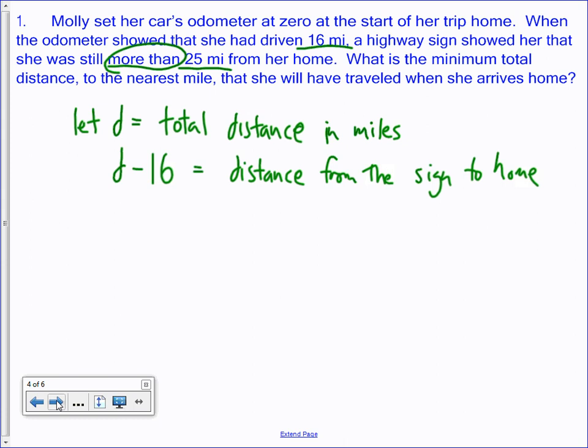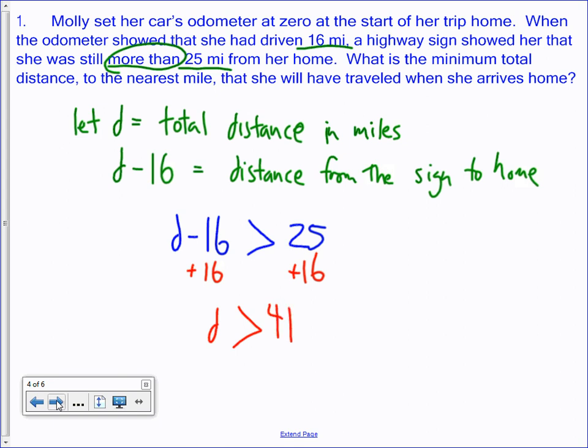Now we can solve here, and we know that the distance from the sign to home is greater than 25 miles. If I go ahead and solve that out, I can see that my distance from traveling is greater than 42.